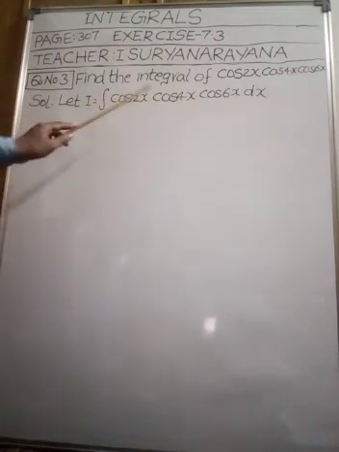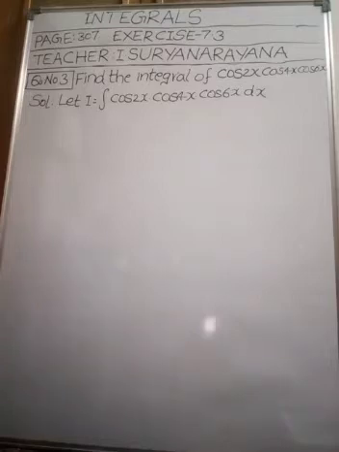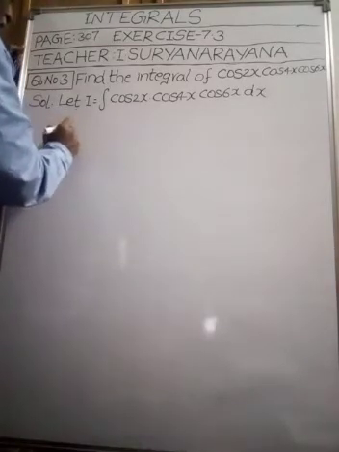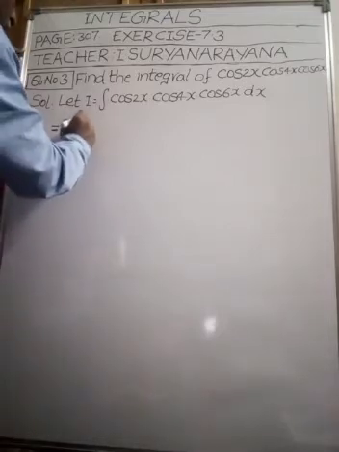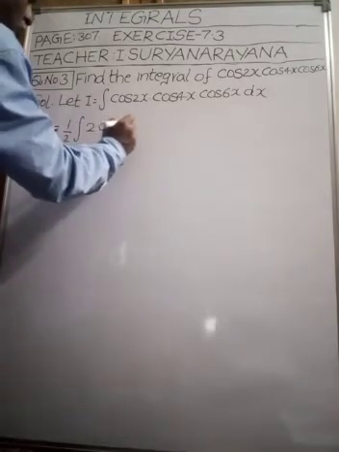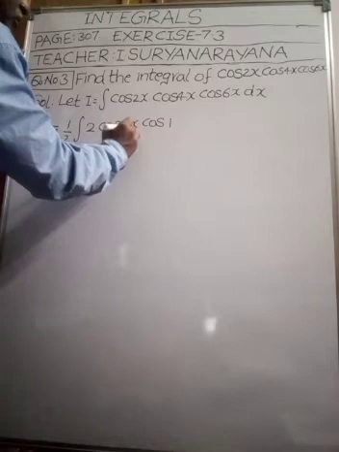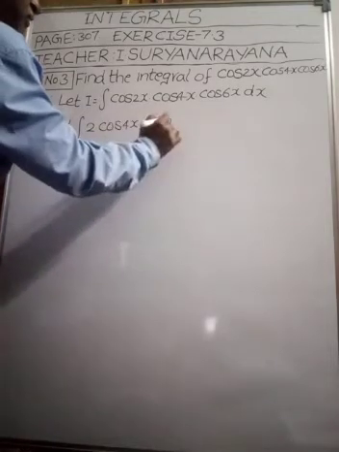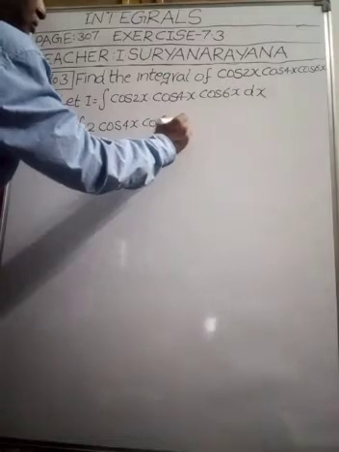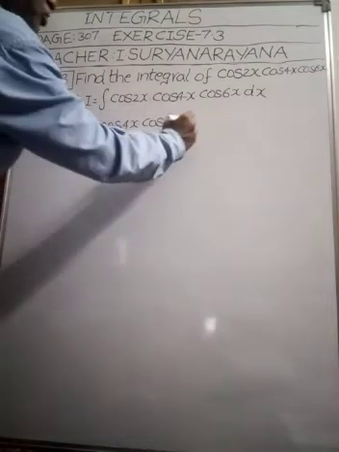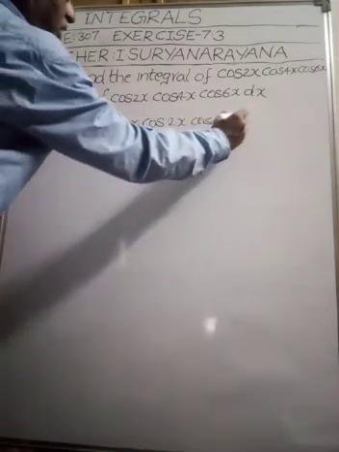We follow the previous question method, meaning we have to multiply and divide by 2. Then we get the 2 cos A cos B formula. You know the trigonometric identity: 2 cos A cos B is equal to cos of A plus B plus cos of A minus B. So we multiply and divide by 2, taking 2 cos 4x cos 2x together, and I rewrite the remaining factor cos 6x dx.